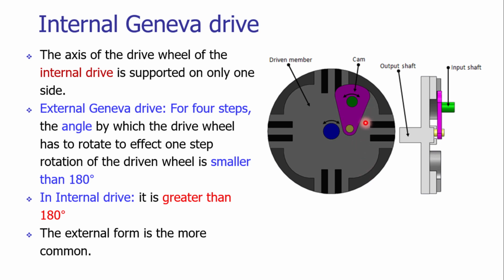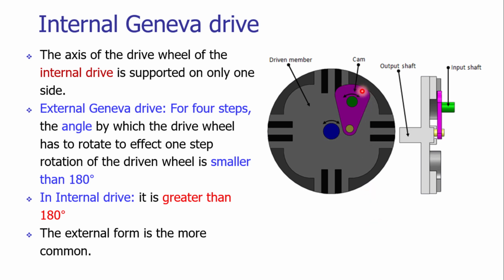For that purpose we use a disk, and in the disk the slots are cut as you can see on the screen. This disk is mounted on a shaft which is supported at only one side.